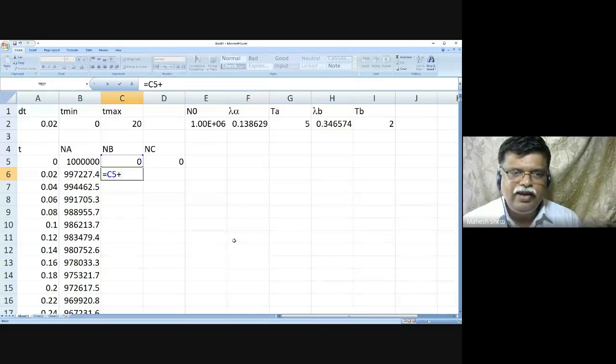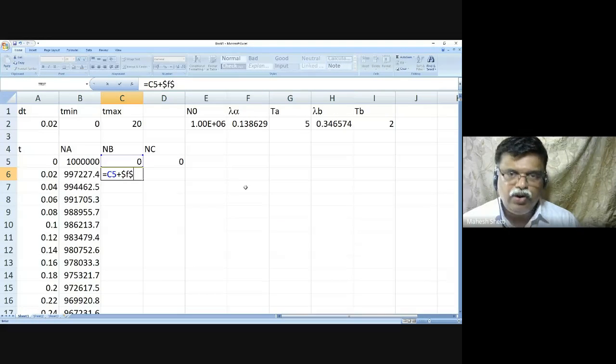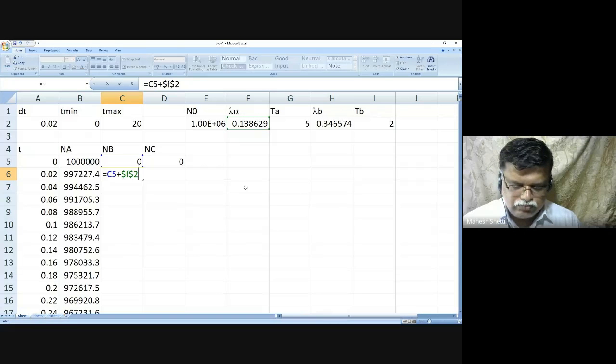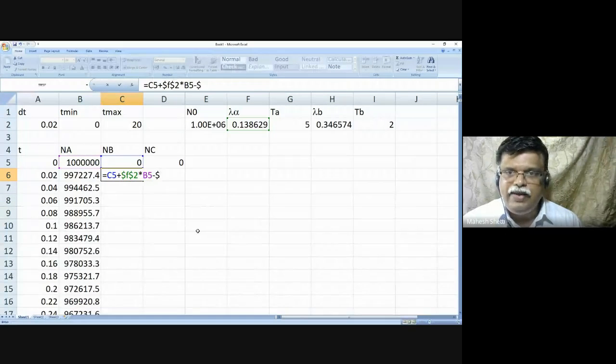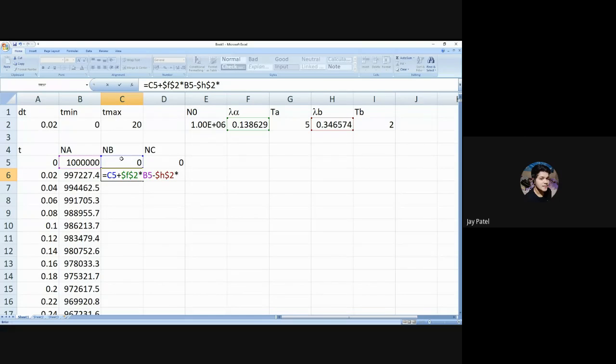So it is going to be lambda A, that is $F$2, into NA in the earlier cell, minus lambda B, which is $H$2, into NB. Sir, you probably forgot dt.